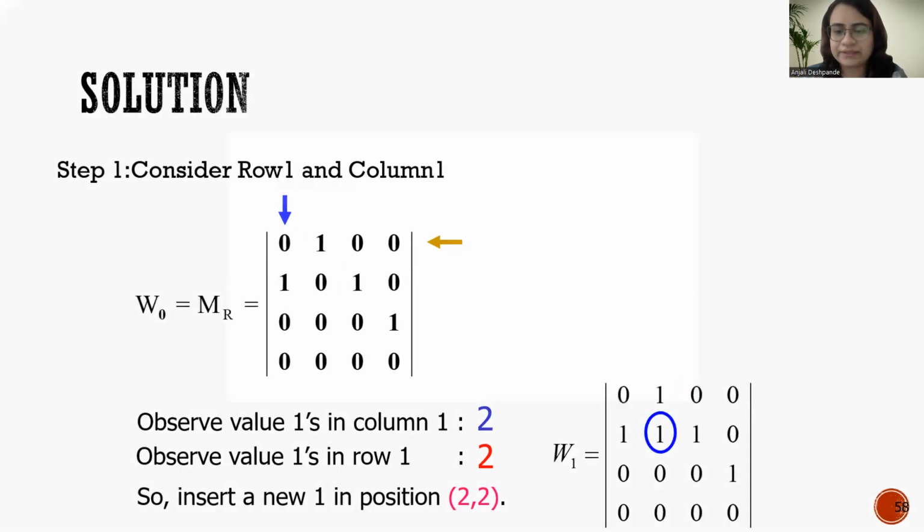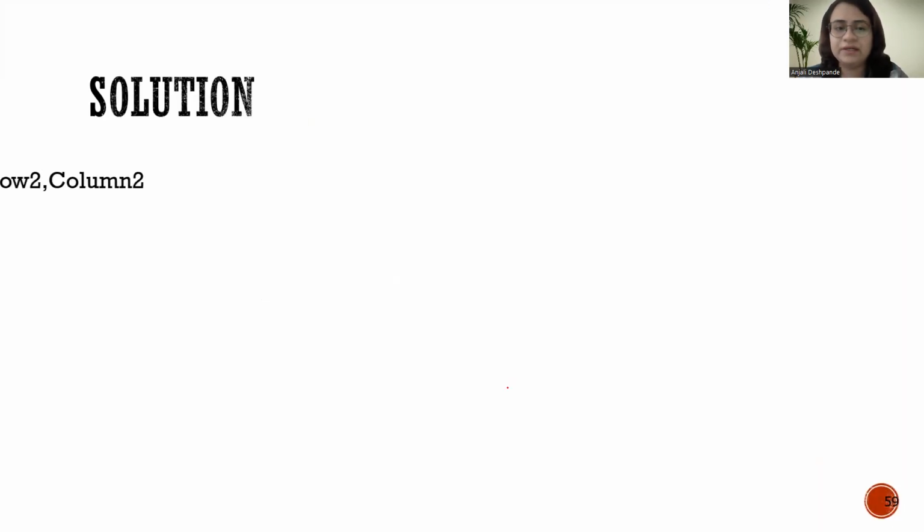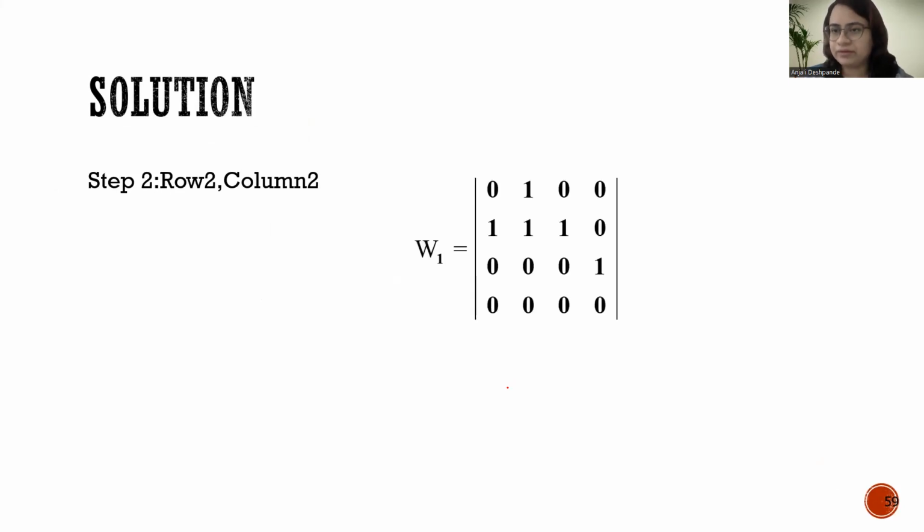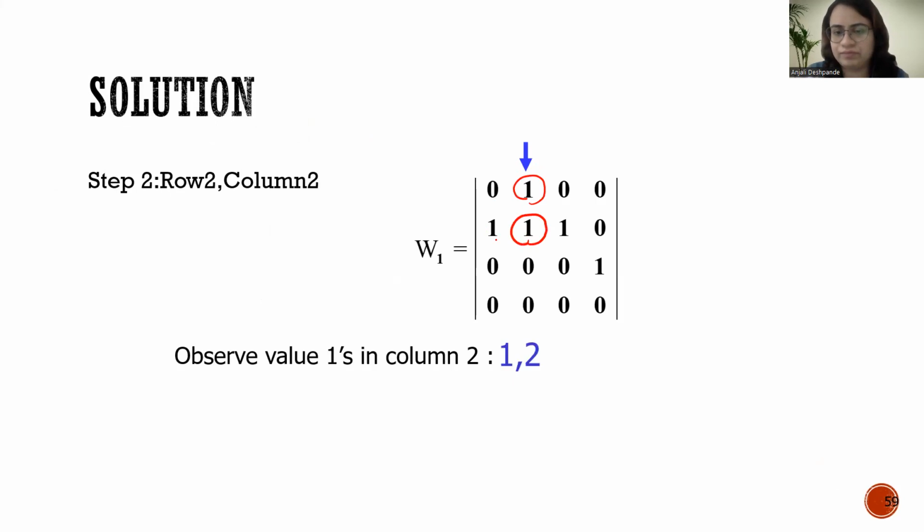Now in the next step, you will consider row 2 and column 2 in W1, not W0. So now in W1, consider column 2. In column 2, find where there are ones. So at 1 and 2, mark it. Then next, consider row 2. Find the position of ones in row 2. It is 1, 2, and 3.